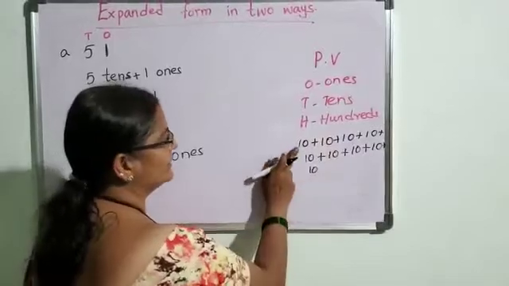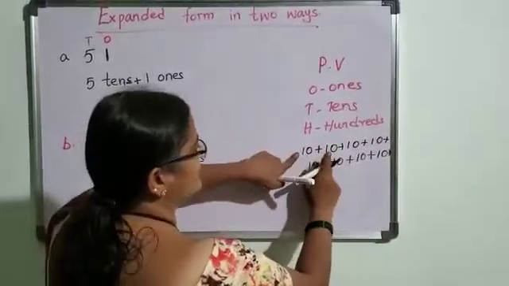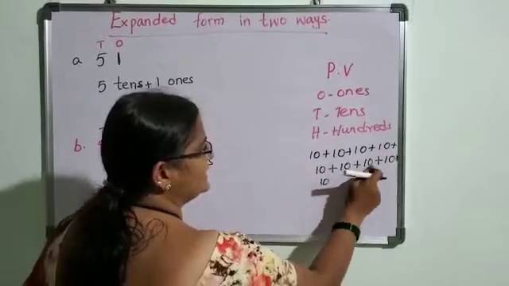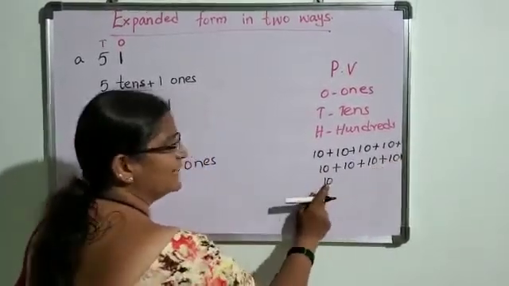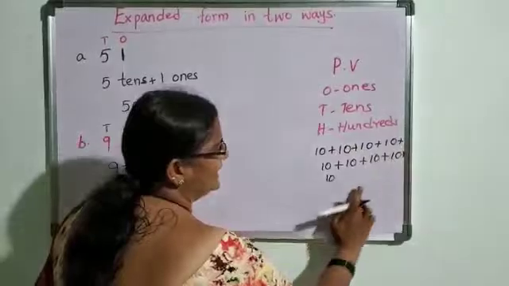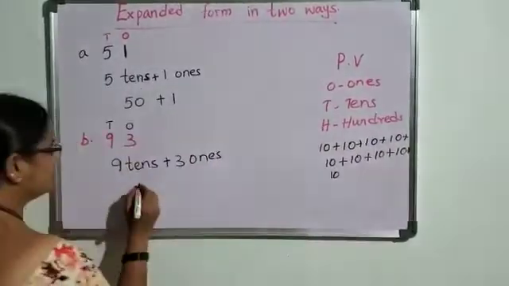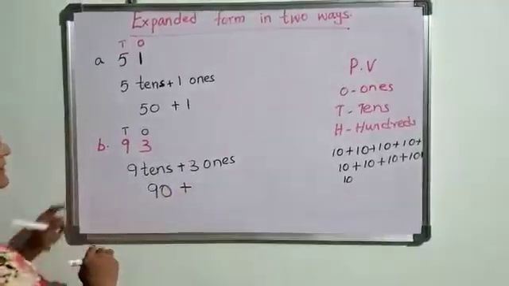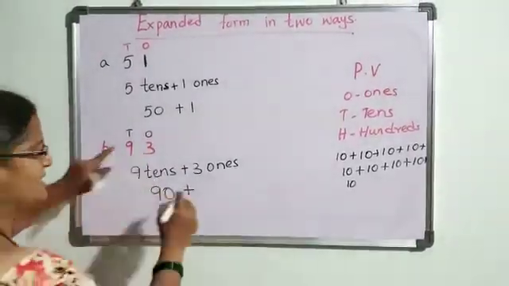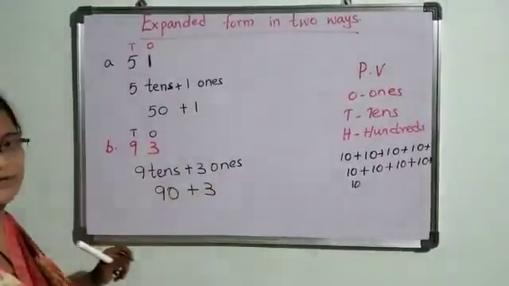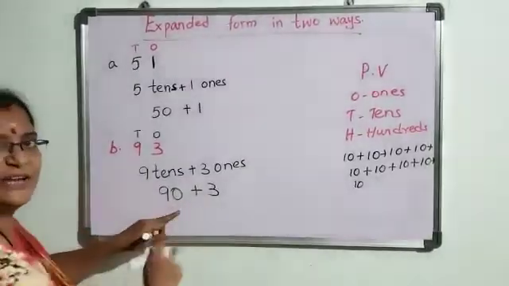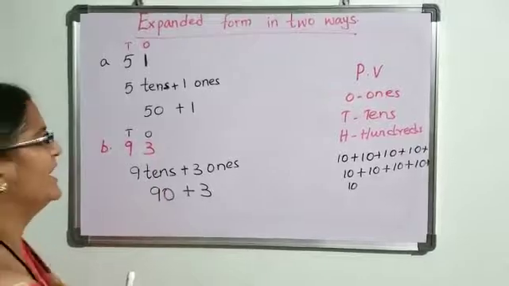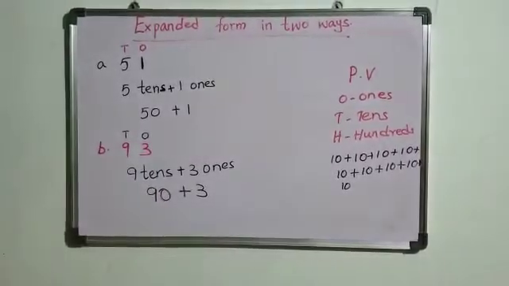So, how will you count? 10, 20, 30, 40, 50, 60, 70, 80, 90. So, 9 tens. How much? 90. Plus 3 is in ones place. 3. 90 plus 3? 93. Got it?